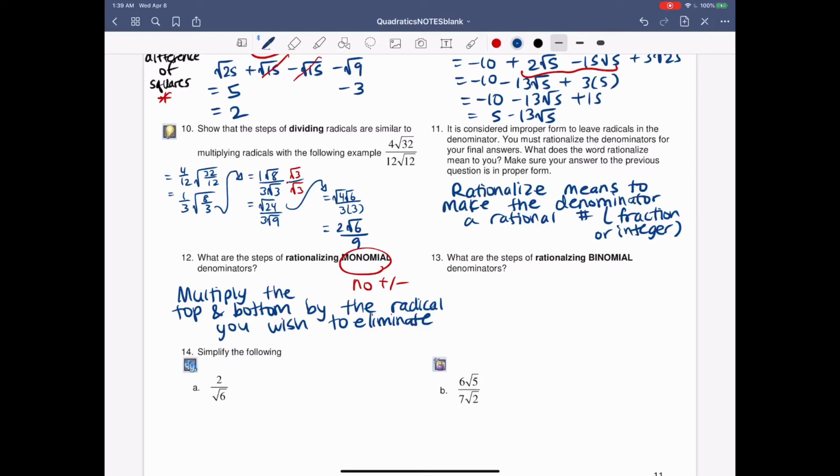When you have a binomial, that means that you have a plus or minus between the two terms. So when you do that, you're going to multiply the top and bottom, so the numerator and denominator, by the conjugate of the denominator.